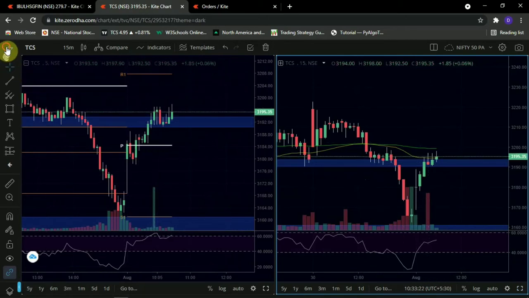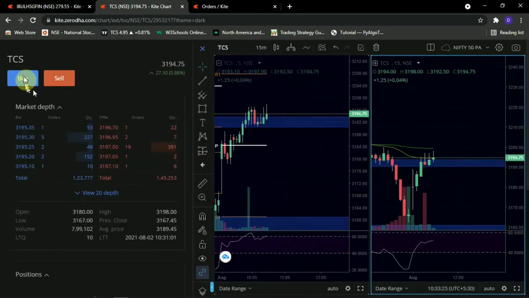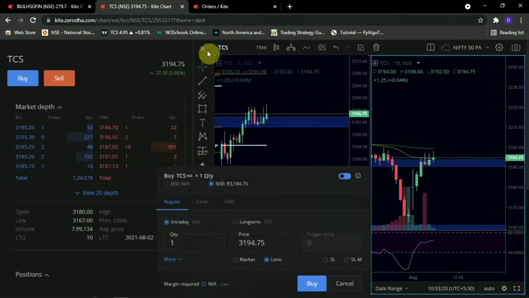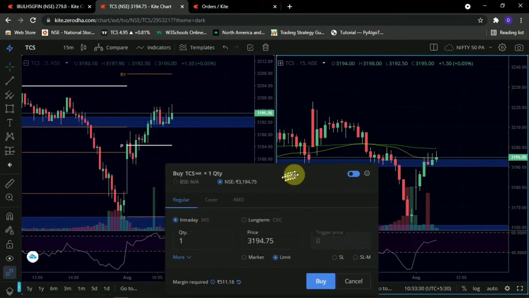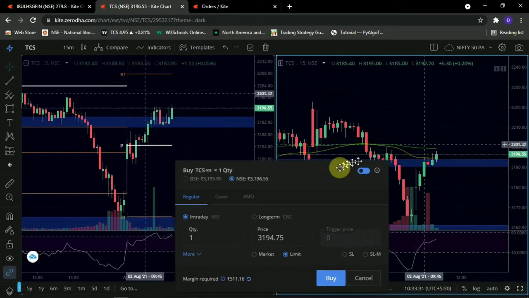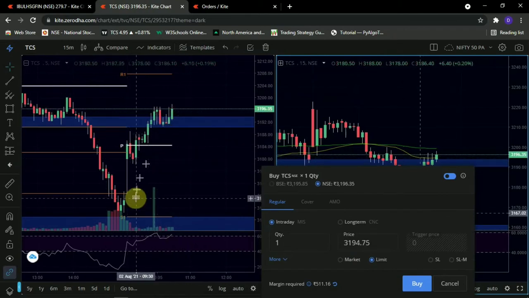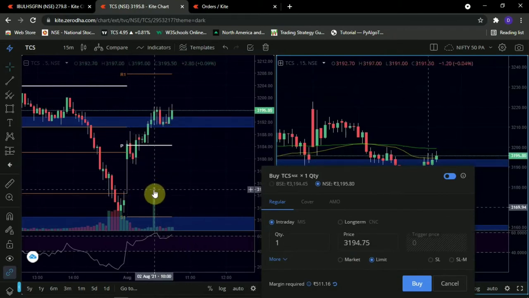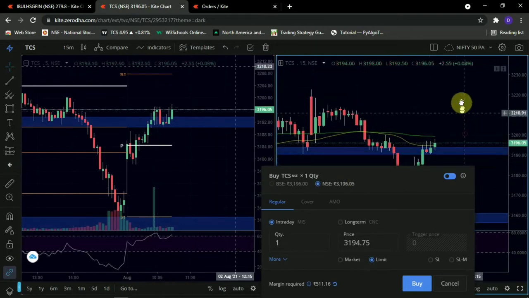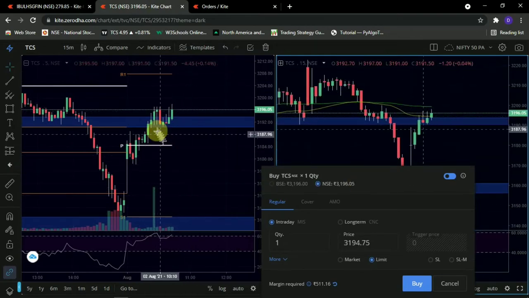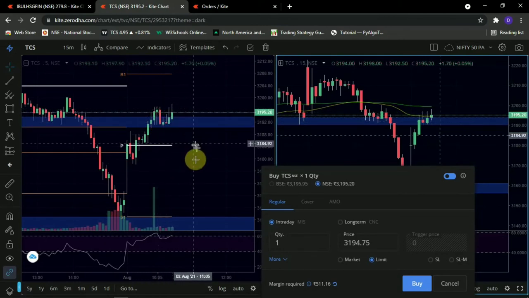This was a profit booking candle. This was the important zone, and as you can see, 50 EMA was near to it. So after this it got a correction, and now it is going up.